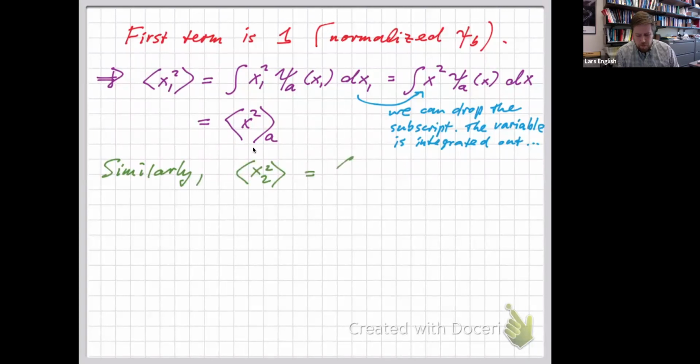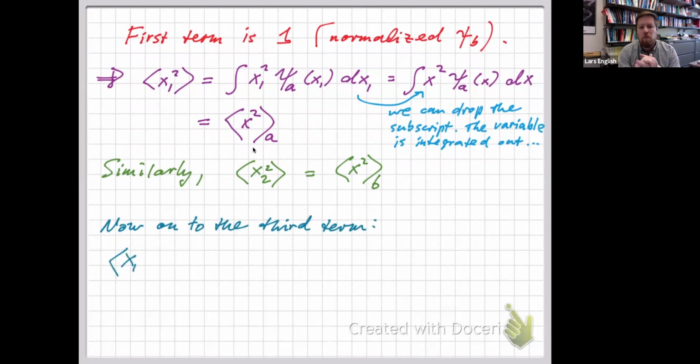You can do the exact same thing for x2 squared, and you would get basically the x squared expectation value with respect to psi sub b. That's very easy to see, very quick to see. If you need to go back, just pause this video, go back, and you'll see why that is the case.